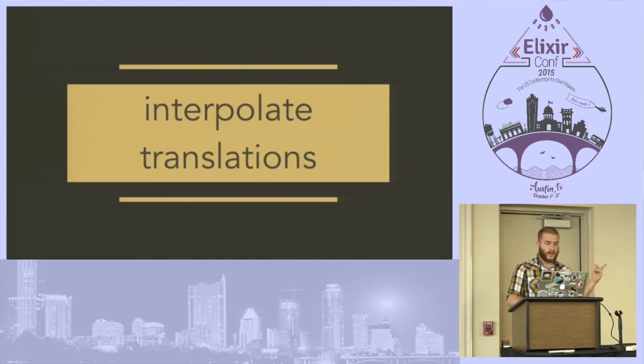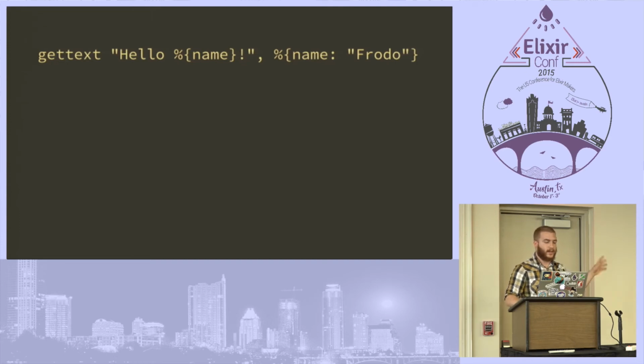Another thing we support is interpolating translations. You can't interpolate translation strings with the pound curly bracket syntax in Elixir, because we need keys to be constants, and we need them at compile time, so we can't interpolate them. But we do support something that looks like this.